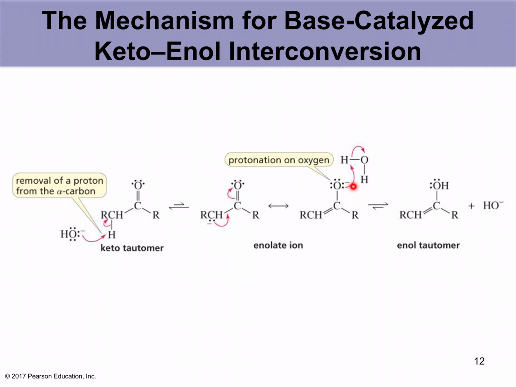The oxide ion is going to grab a proton from a water molecule. It could be this water molecule itself or maybe another water molecule in the medium. And then you form hydroxide ion, so the base regenerates.